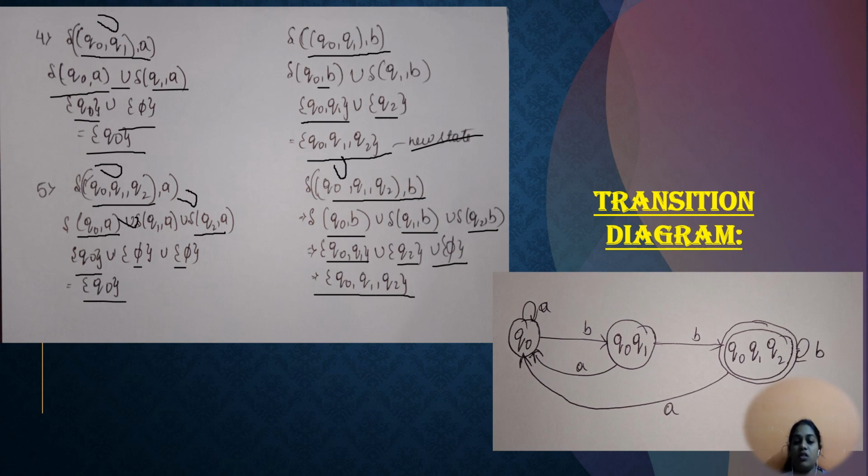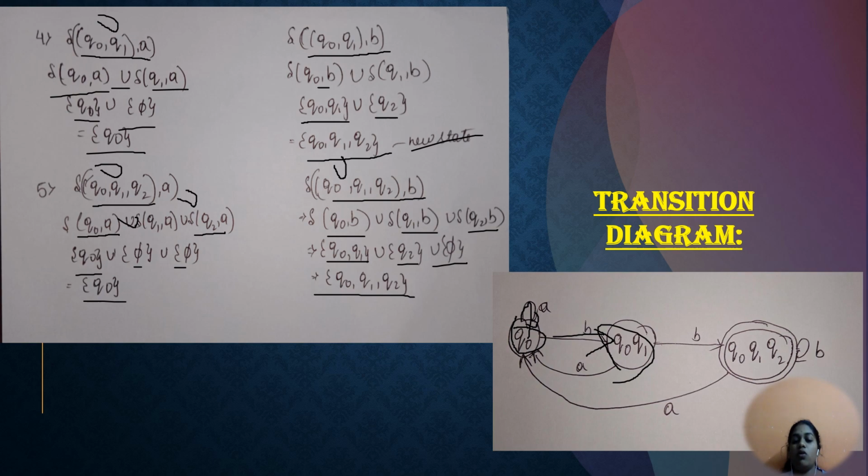Let us see the transition diagram. We take the states Q0, Q0 Q1, and Q0 Q1 Q2, which is the final state. Q0 on A goes to Q0 itself, Q0 on B goes to Q0 Q1.